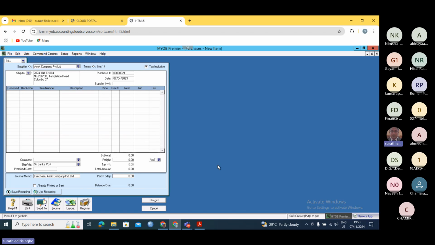Then again you put the number PO020 and the return date may be 10th April after the GRN. Then INV, new invoice number or existing invoice number, doesn't matter.